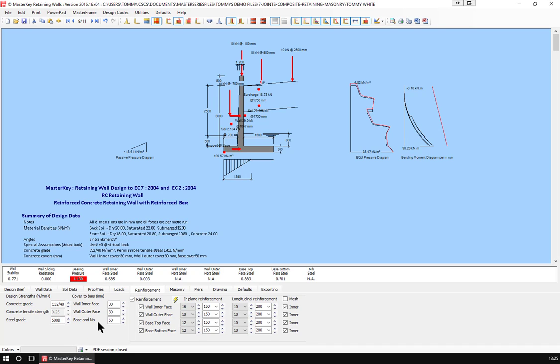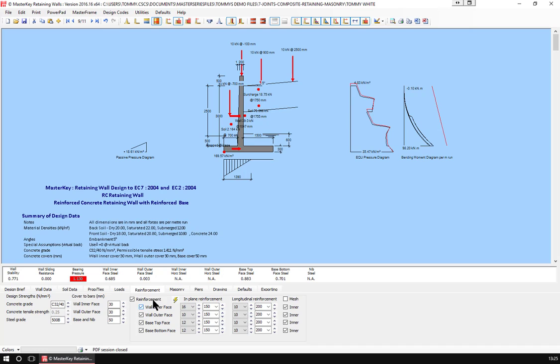So then we have our covers and then our wall reinforcement, all very, very straightforward and easy to apply. We can also, for a concrete wall that has no reinforcement in it, put a tensile strength in for the concrete itself to resist that.